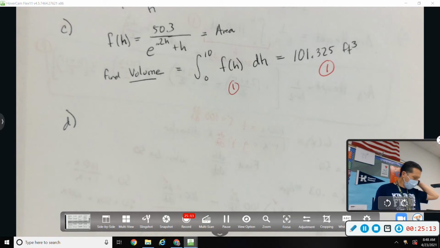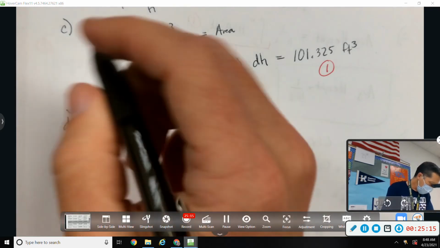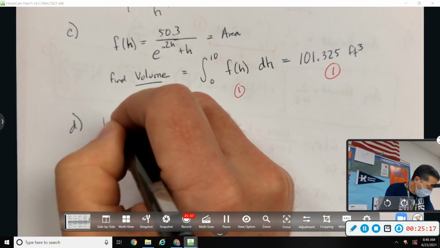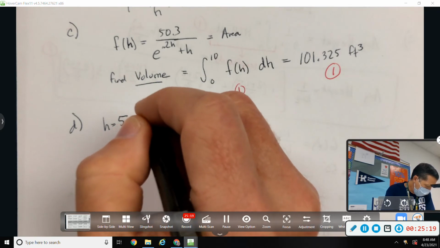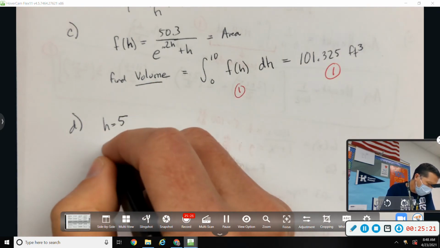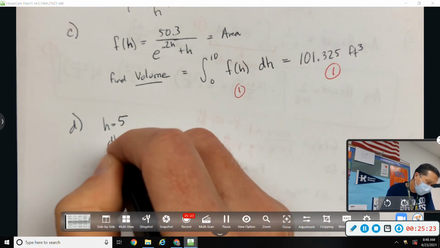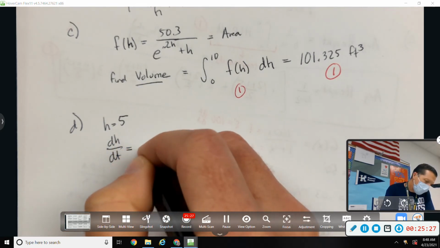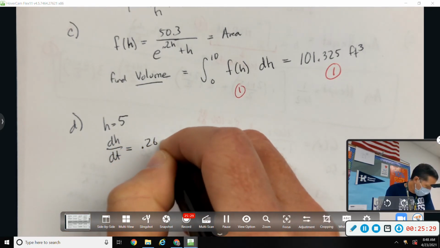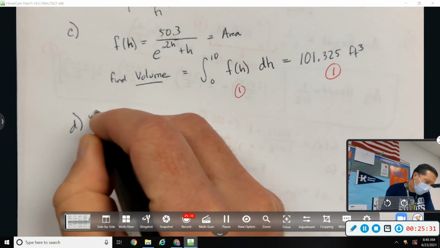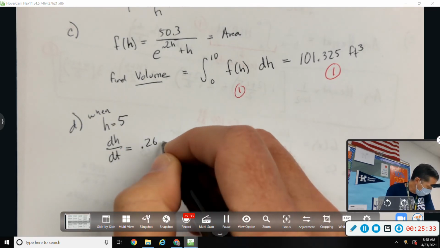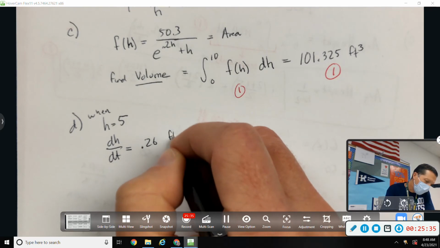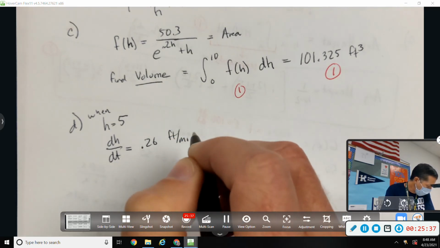Part D, water is pumped into the tank. Okay. When h equals 5, the height is increasing at a rate, oh, here we go, related rates, dh dt is 0.26. When h is 5, dh dt is 0.26 feet per minute.